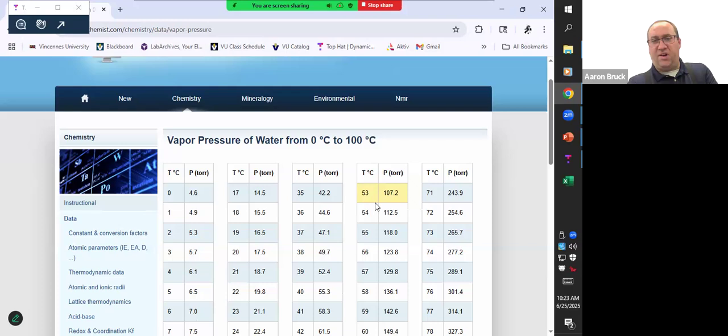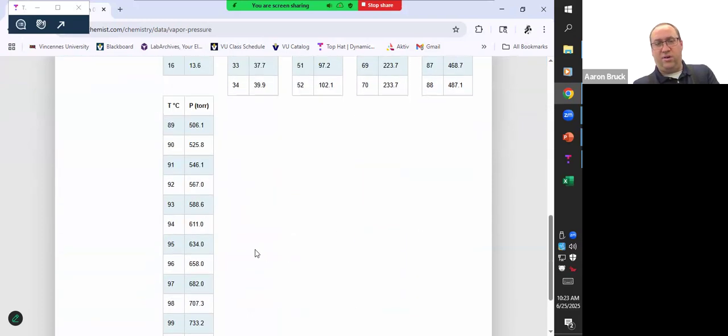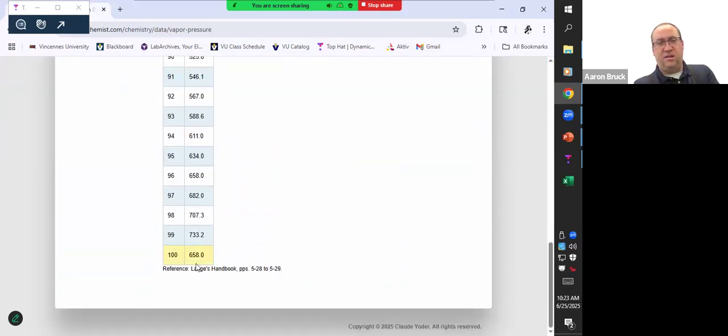And we're looking for the vapor pressure of water at 100 degrees, which according to this website, which is referencing Lange's handbook, which is a pretty good source, 658 is the vapor pressure there.